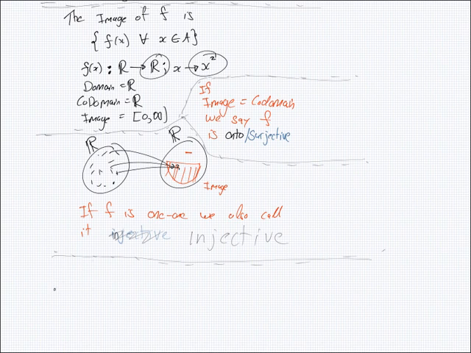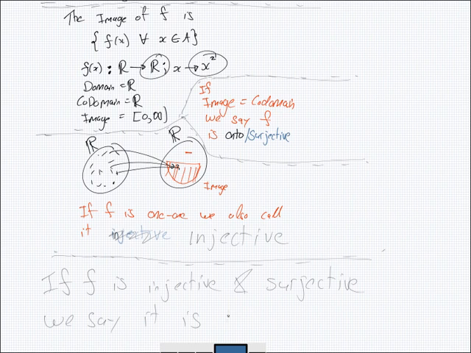Last definition, I promise. If f is injective and surjective, we say it is bijective.